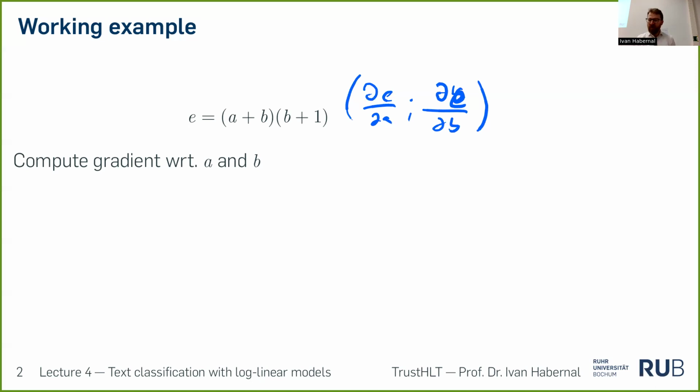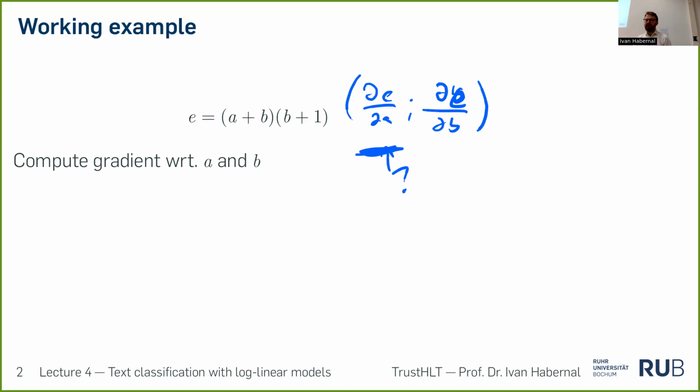Okay, so how can we compute the partial derivatives of this function? Any idea how to compute, for example, this? Yes? You're doing the derivative with respect to a. How about b?